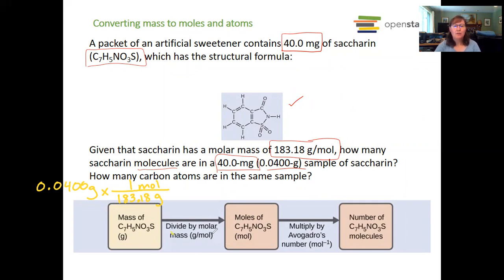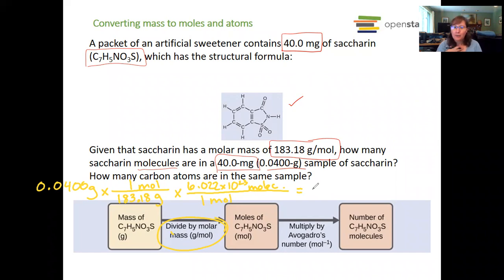So here you can see that we're dividing by our molar mass in grams. Now we know that the way to go from moles to molecules is with Avogadro's number. Here we have moles on the top, so we'll need moles on the bottom so that they'll cancel. And it'll be 6.022 times 10 to the 23rd molecules on top. And that's going to tell us how many molecules we have.